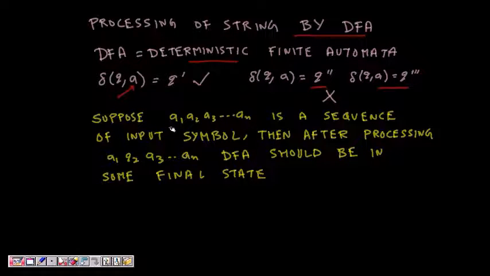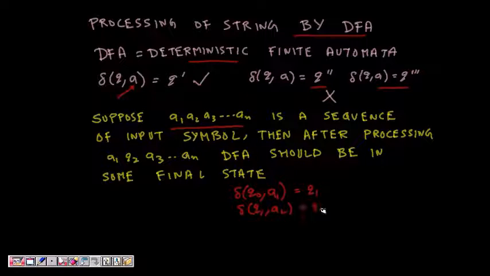Processing of a string by a DFA we saw. You have the sequence of input symbols A1, A2, A3 till AN. We take delta of Q0 comma A1, and we go to, let's say, Q1. Then we are in state Q1, we see A2, we go to, let's say, Q2. In state Q2, we see A3, we go to Q3, and so on.